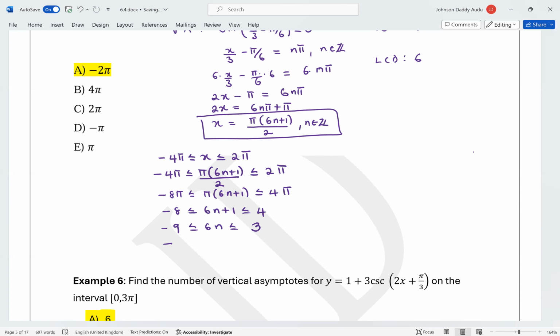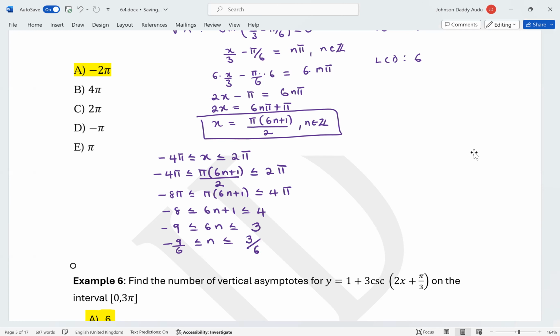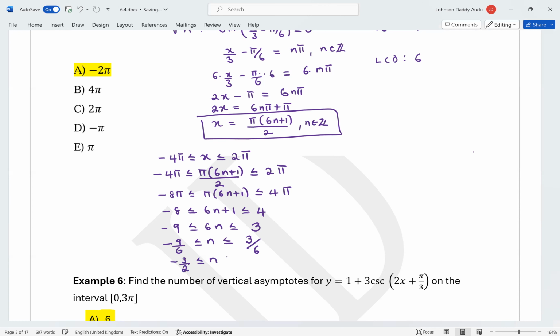So it means we have minus 9 over 6 is less than or equal to n is less than 3 over 6, and this is minus 3 over 2 less than or equal to n less than 1 over 2. So on the number line, this is minus 3 over 2, and 1 over 2 is somewhere here, right?